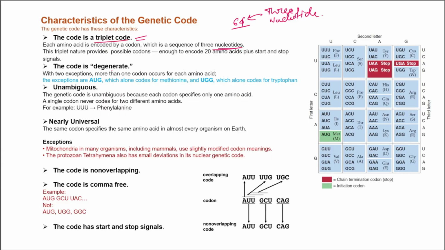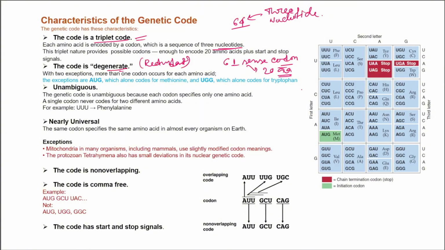Next is that the code is degenerate, also called redundant. That means most amino acids are encoded by more than one codon. So we have 61 sense codons that specify the amino acids, and we have 20 amino acids, so most amino acids have more than one codon. That is the degeneracy of the genetic code.